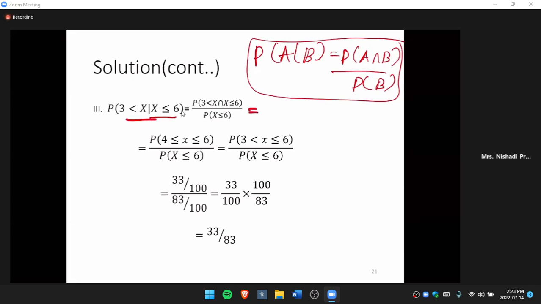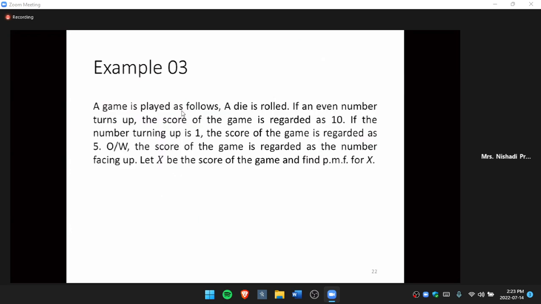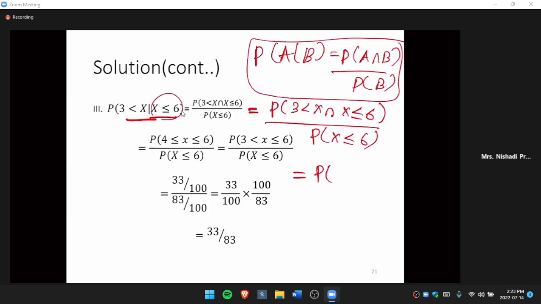Therefore, when we expand that, we write the probability of 3 < x intersection x ≤ 6 divided by the probability of x ≤ 6, the conditional statement. Understand? So we write P(3 < x ≤ 6) divided by P(x ≤ 6).